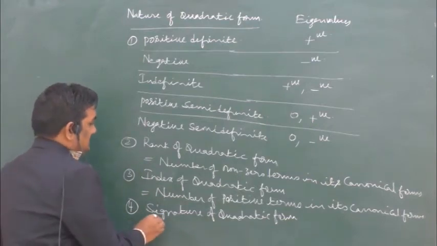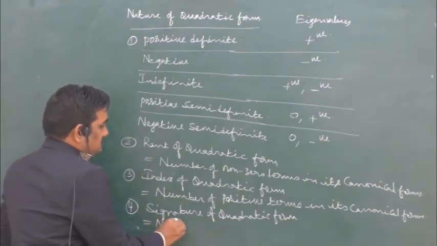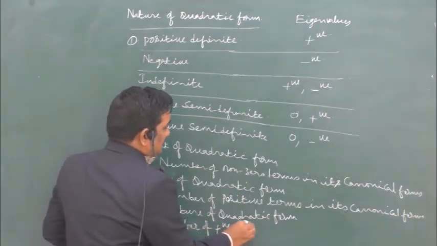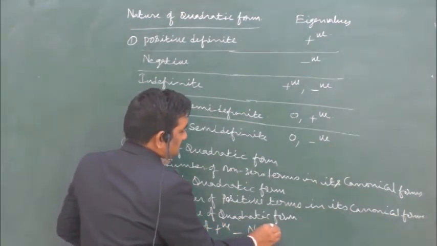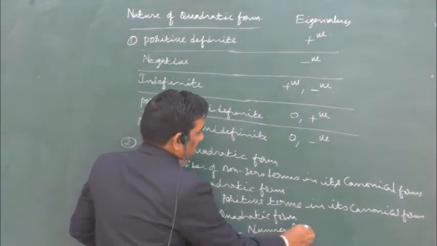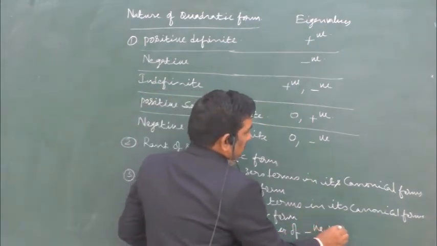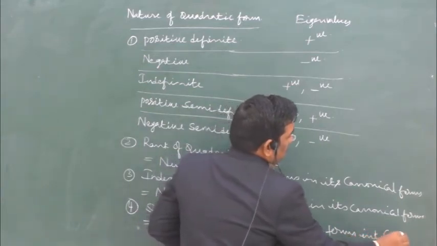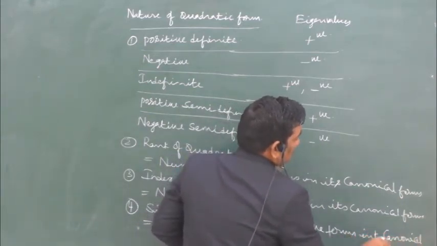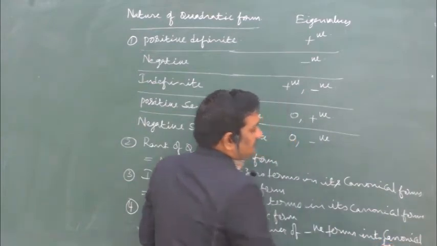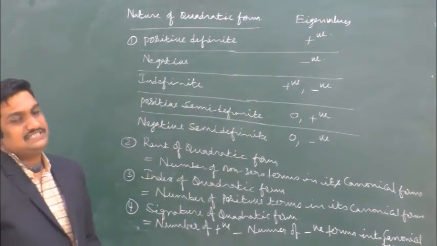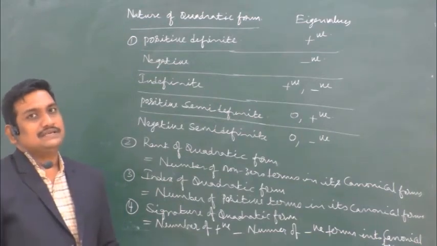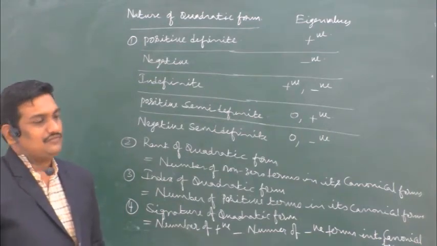Okay, so signature is the difference between the number of positive terms and the number of negative terms in its canonical form.